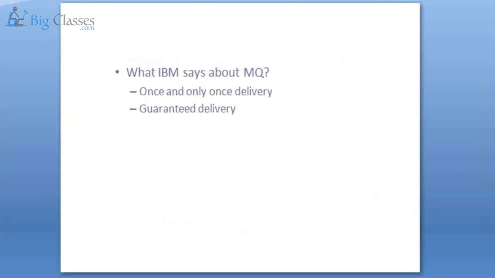What does IBM say about MQ? Once and only once delivery and guaranteed delivery, right? Yeah. I repeat all the statements together. Please concentrate to listen. IBM WebSphere MQ is built on Java. It is platform independent. It supports 80 plus platforms. It is an IBM middleware message transport product.